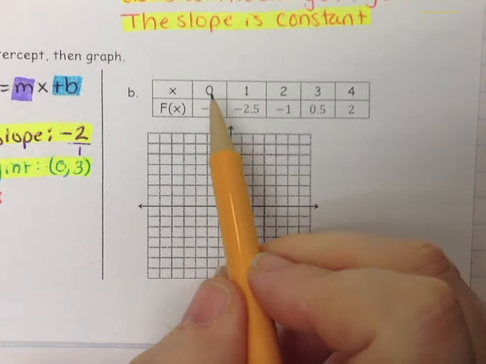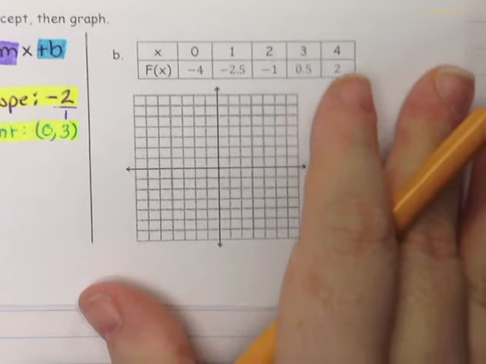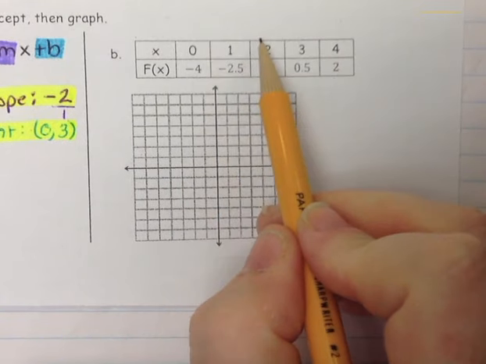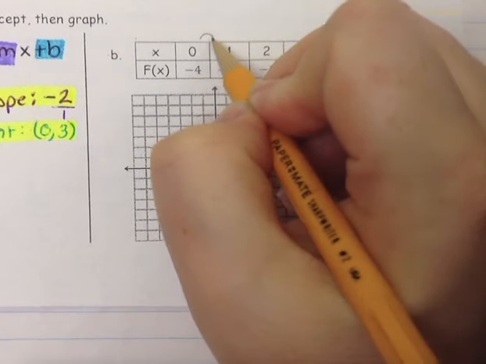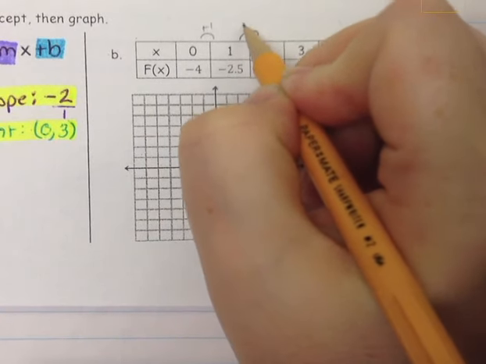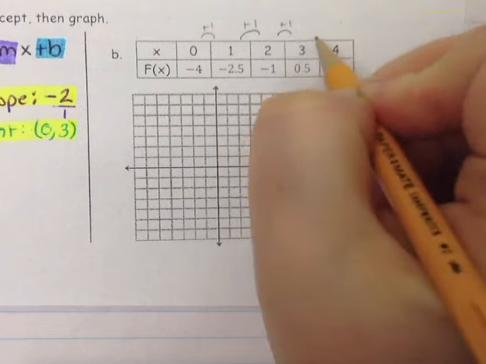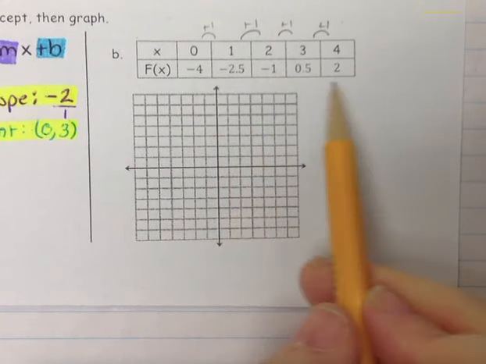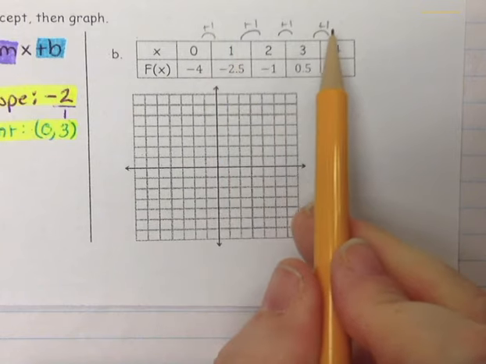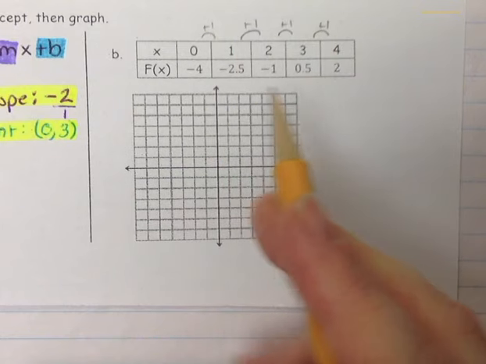So again, just as in the previous video, I want to find the change in x's and the change in y's. So my changes in x are +1, +1, +1, and +1. As long as my changes in y's are the same throughout, because my changes in x's are the same throughout, then I know this is linear.